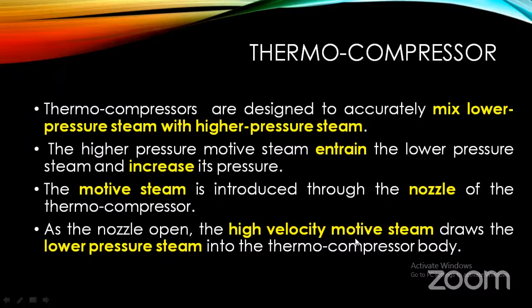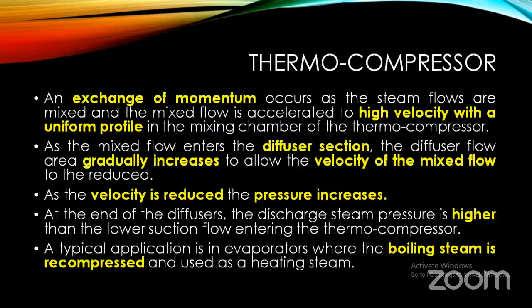As the nozzle opens, the high velocity motive steam draws the low pressure steam. And you have a combined effect of the high and lower pressure. A medium pressure steam is formed. So in other words, you say there is exchange of momentum. This mixed flow enters the diffusion section and the velocity of the mixed flow is reduced.